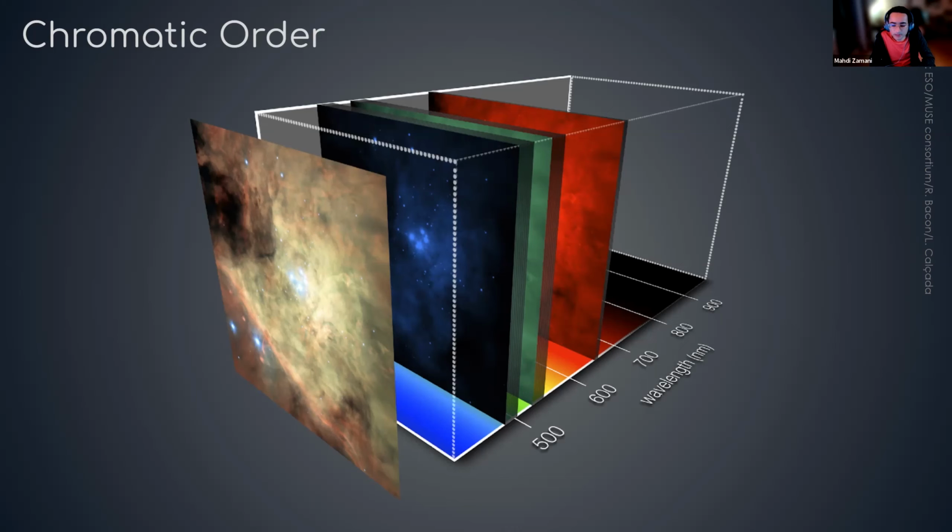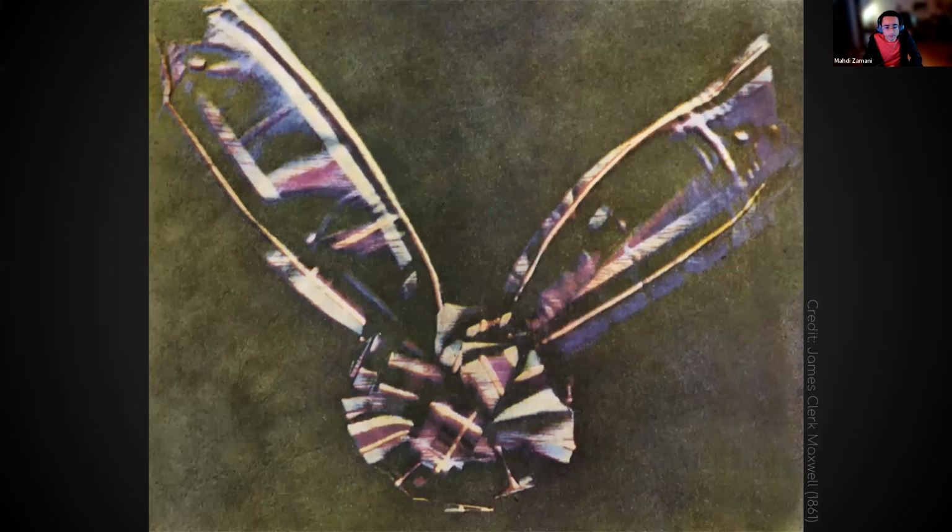Why did they have to invent this kind of colorizing method? The fact is, this is not a very new method. This is actually as old as color photography. It's about 160 years old, and the very first colorful image produced was created with that method.